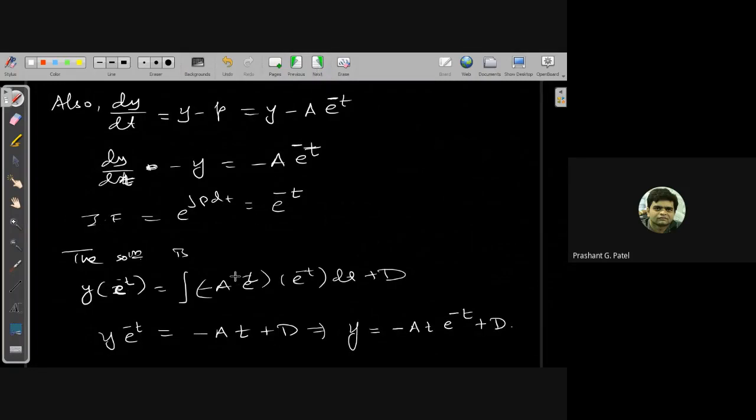So this will be minus t. So this is wrong. This will be minus a e power minus 2t plus d. That quantity will be minus plus 1. So that is e power minus t plus d e power t. This is the thing.